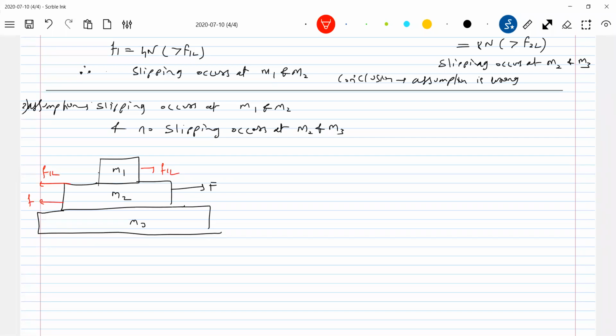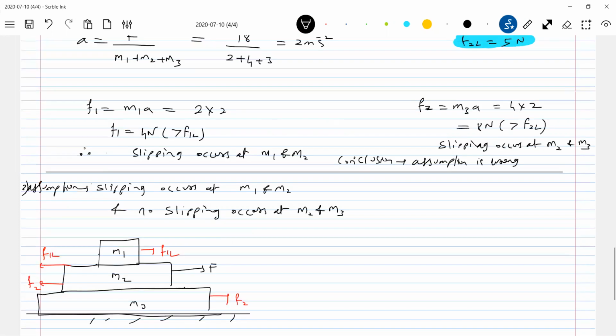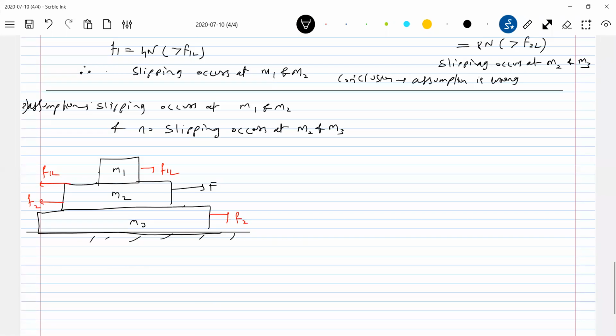No slipping occurs, F2 and F2. So F1L, we know F1L is equal to how much? 2 Newton. So for this block, F1L equals M1 A1, so the acceleration of this block will be A1.